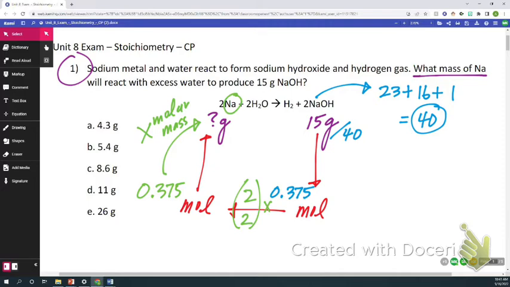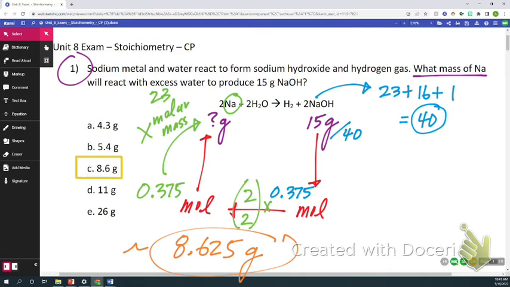So multiply by 23. My final answer is around 8.625 grams. And so my final answer is C, 8.6 grams.